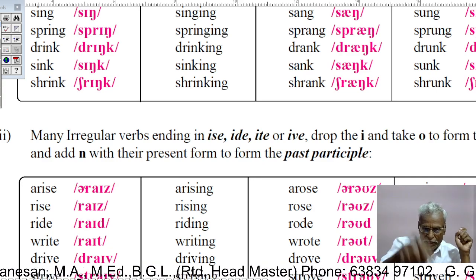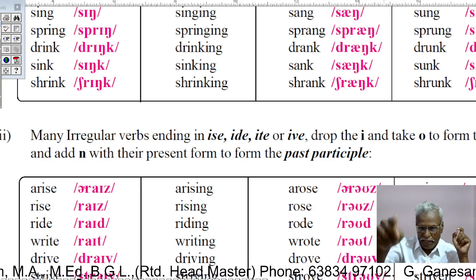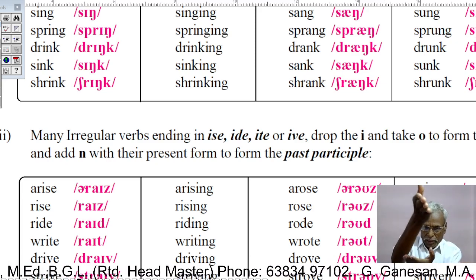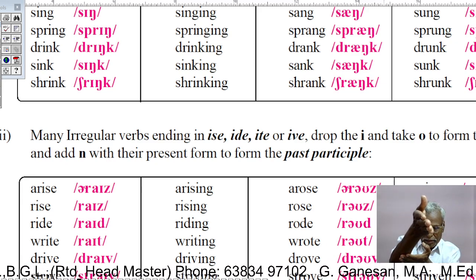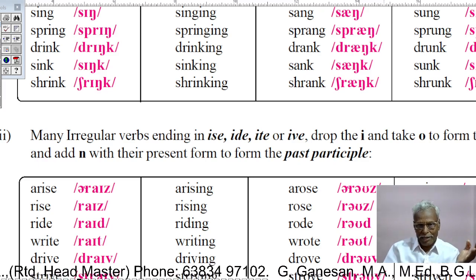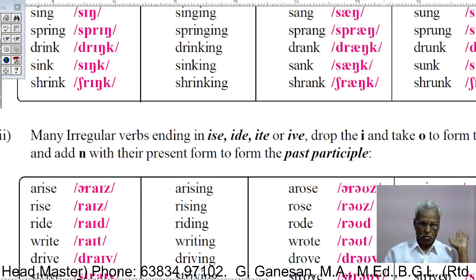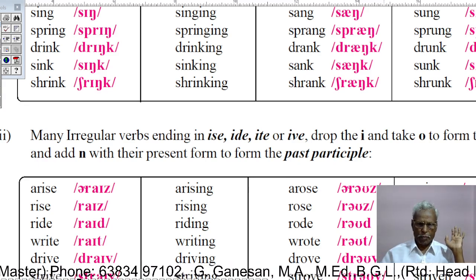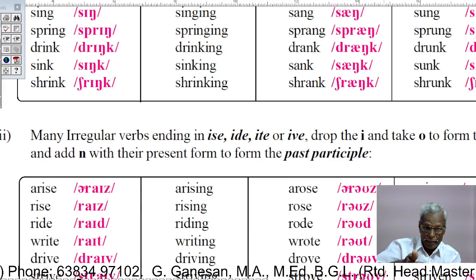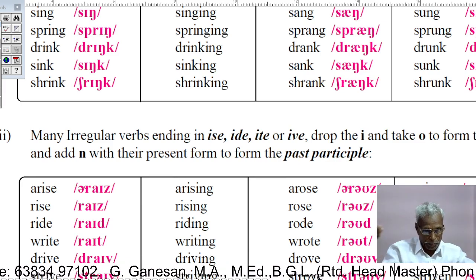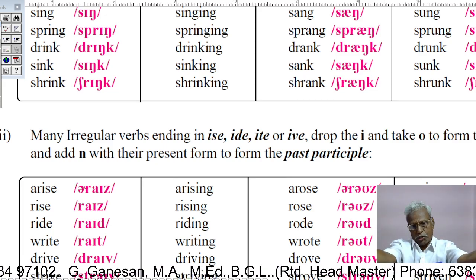That is, verbs ending with ISE, IDE, ITE, IVE drop the I and take O to form the past tense, and add simply N with the present form to form the past participle.